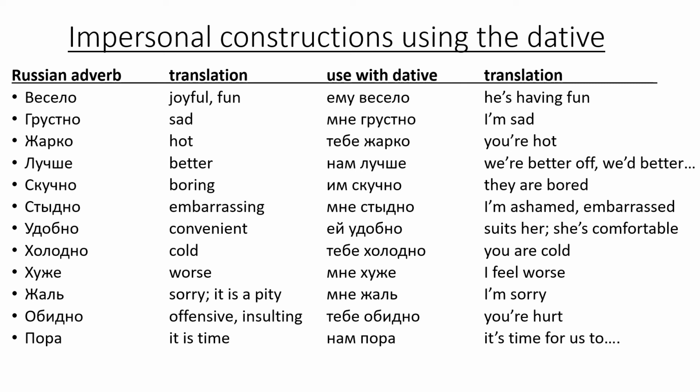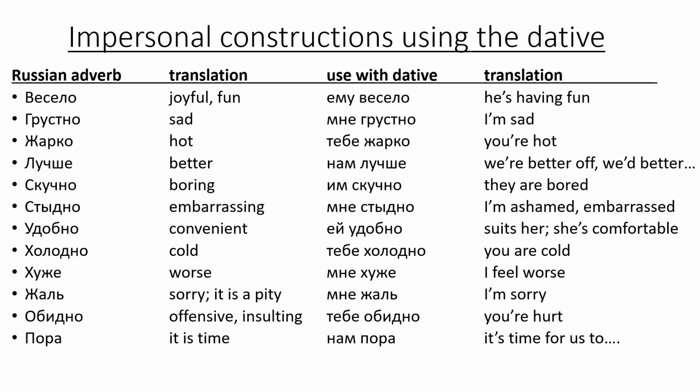Стыдно means it is embarrassing or shameful. Мне стыдно means I'm embarrassed or ashamed. Удобно can mean convenient or comfortable. So ей удобно can mean it suits her or she is comfortable. Холодно means it is cold. Тебе холодно means you are cold. Хуже, the opposite of лучше, means worse.